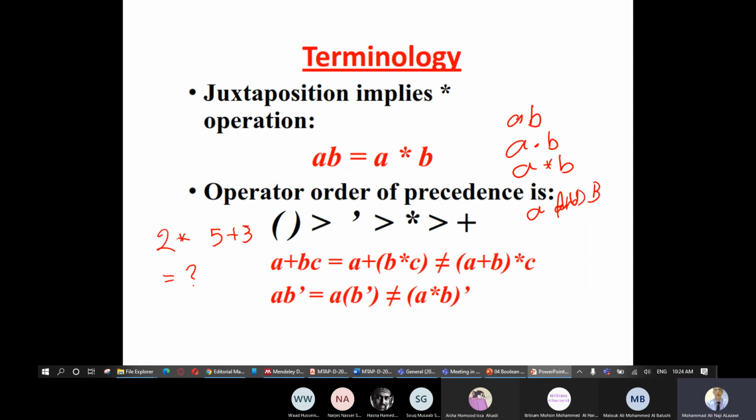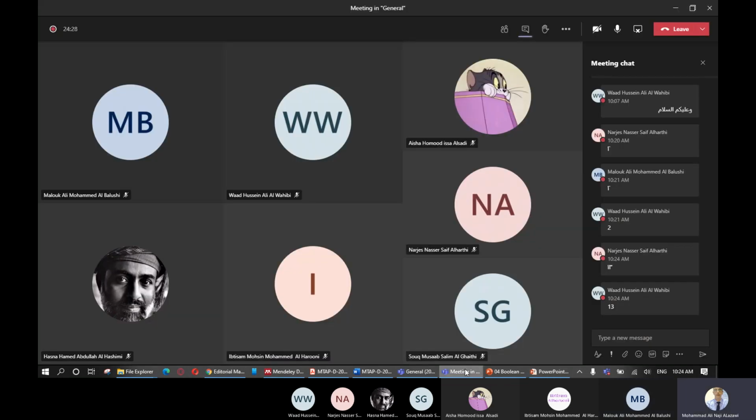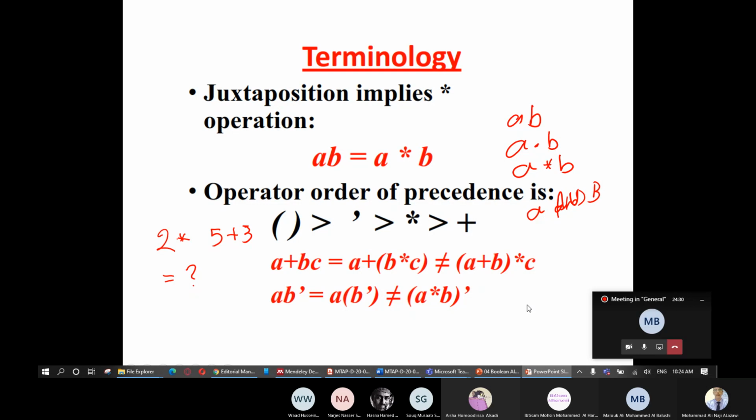Anybody can give me the answer? First we multiply and then we add. What's the answer? 13. 13. You are telling 13. Someone else has answered also. 13. All right. So the answer is 13.